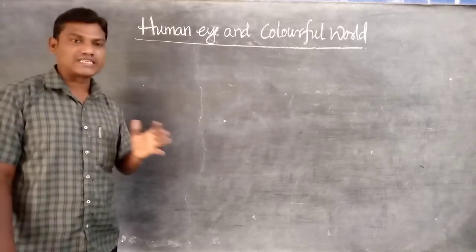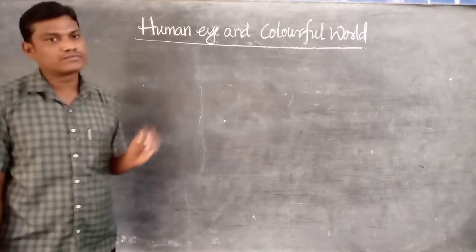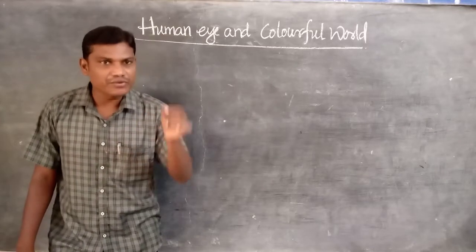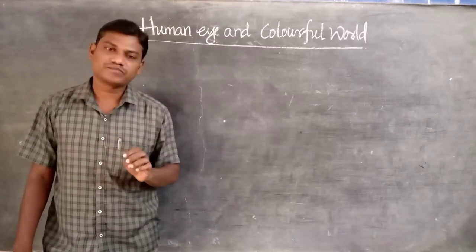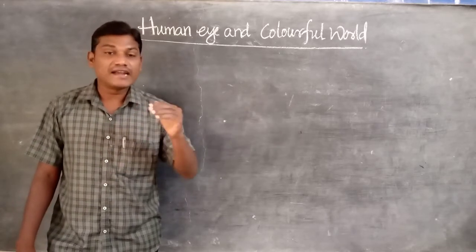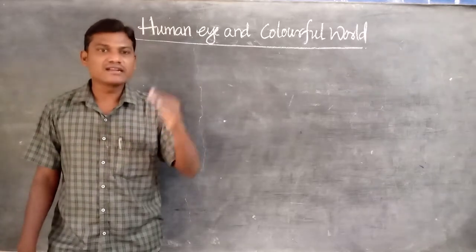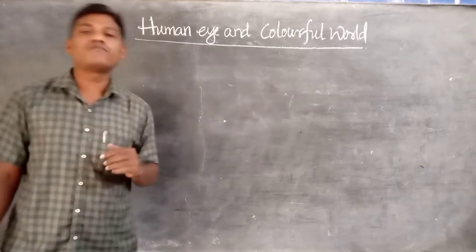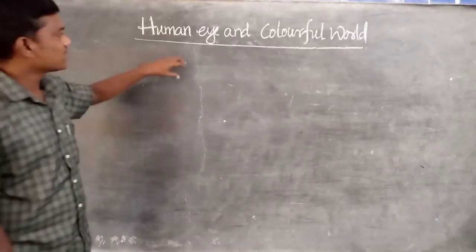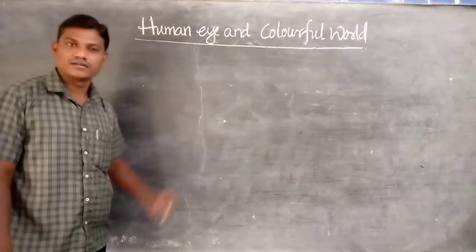Further, we are going to discuss what will happen if light passes through a prism, how we can find the refractive index of the prism, and later what dispersion is, what scattering of light is, and the applications of scattering of light. So these are the main topics discussed in the chapter Human Eye and Colorful World.